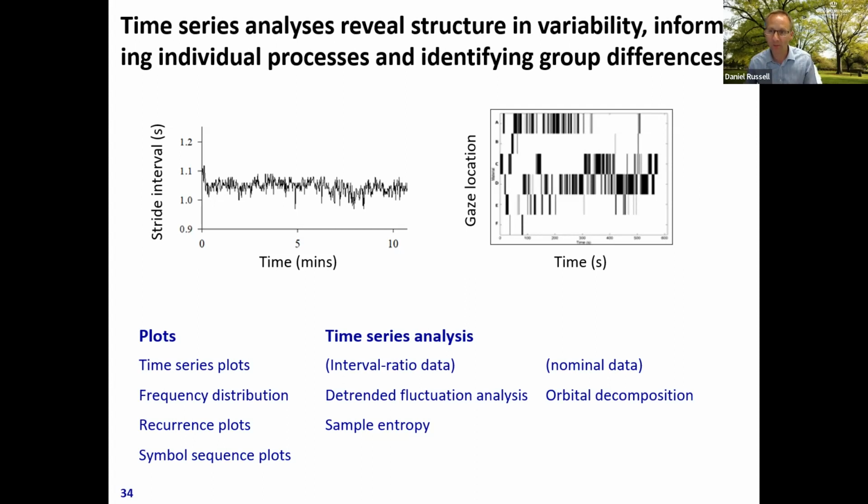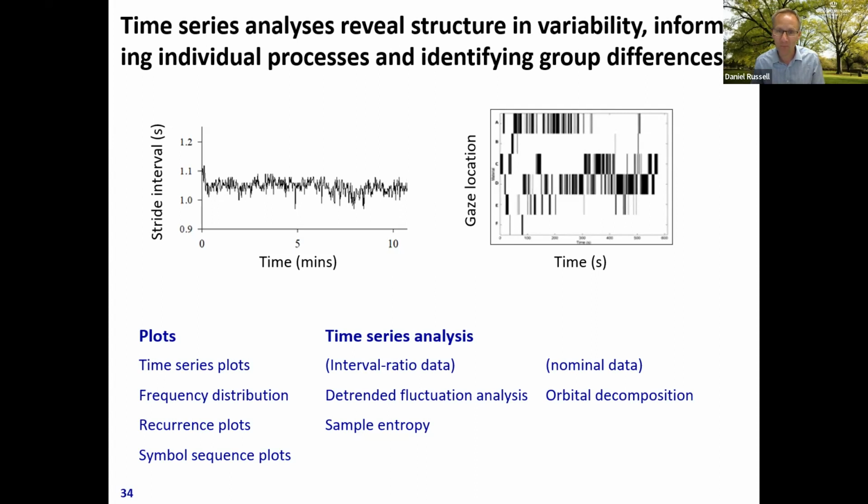And then when you're looking at nominal data, we've got this orbital decomposition, which gives us measures of Shannon entropy and also topological entropy that can reveal aspects of the complexity in those time series.